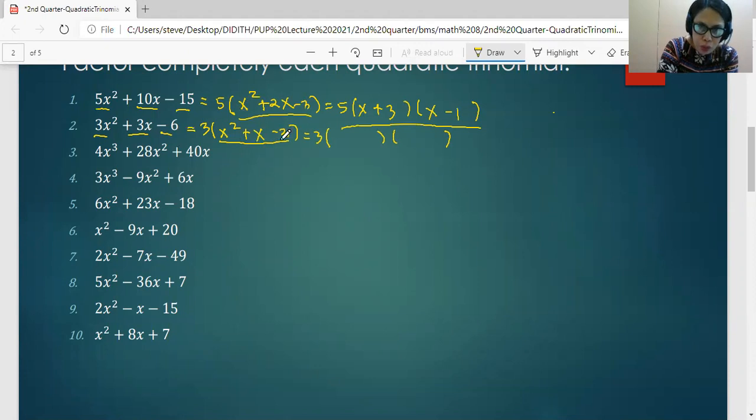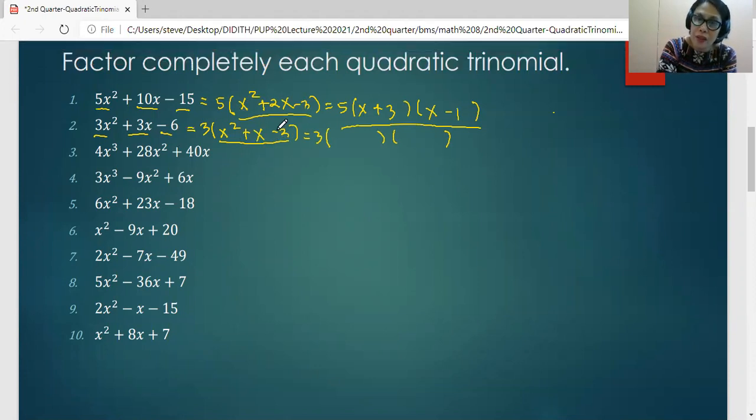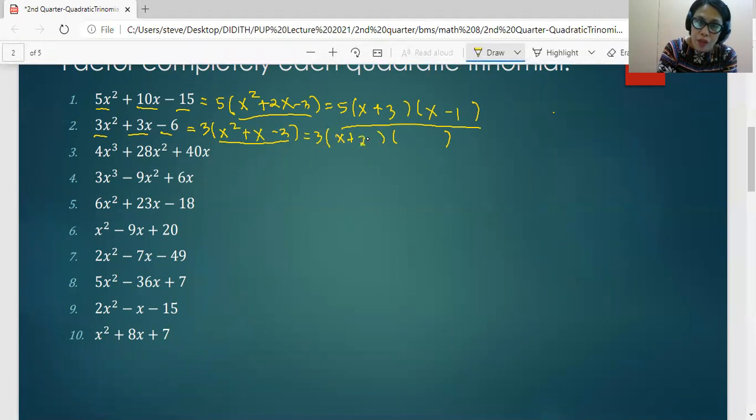So this is negative 2. So one factor should be positive, the other one is negative. And the middle term is positive, meaning the bigger factor must be positive and the lower factor should be negative. So this must be x plus 2, then the other one is x minus 1. So these are the factors.